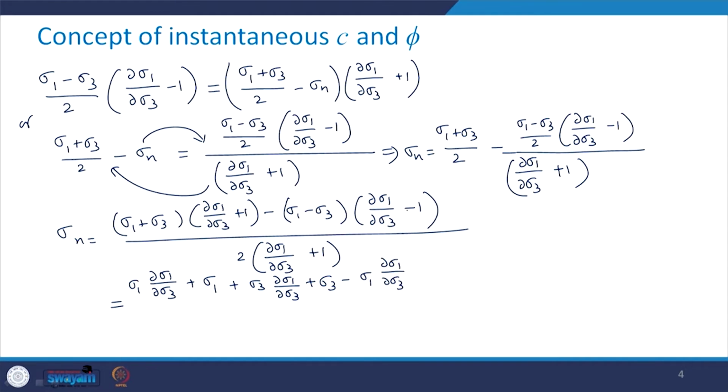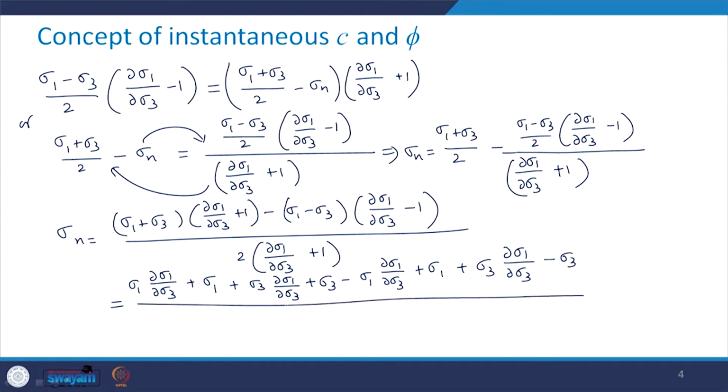Then this minus minus will become plus, so this will be plus sigma 1 and plus sigma 3 del sigma 1 del sigma 3, and then minus plus and one minus, so that will make it minus sigma 3. This whole thing divided by 2 (del sigma 1 del sigma 3 plus 1).